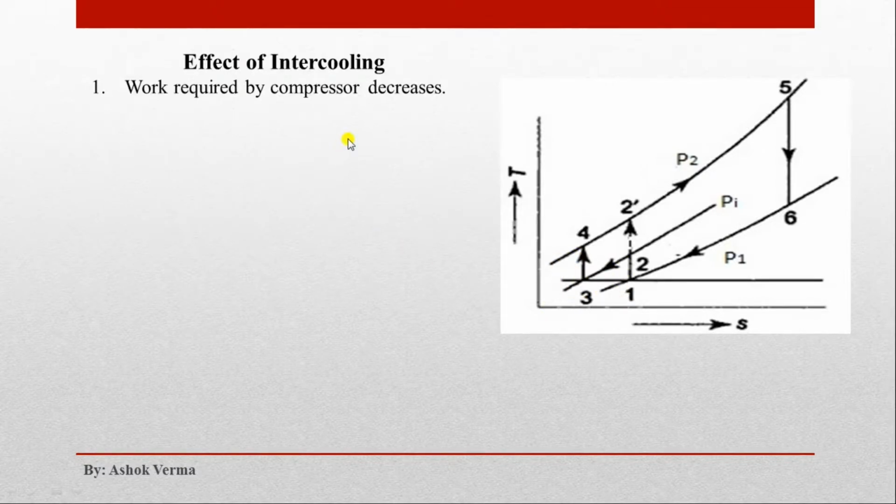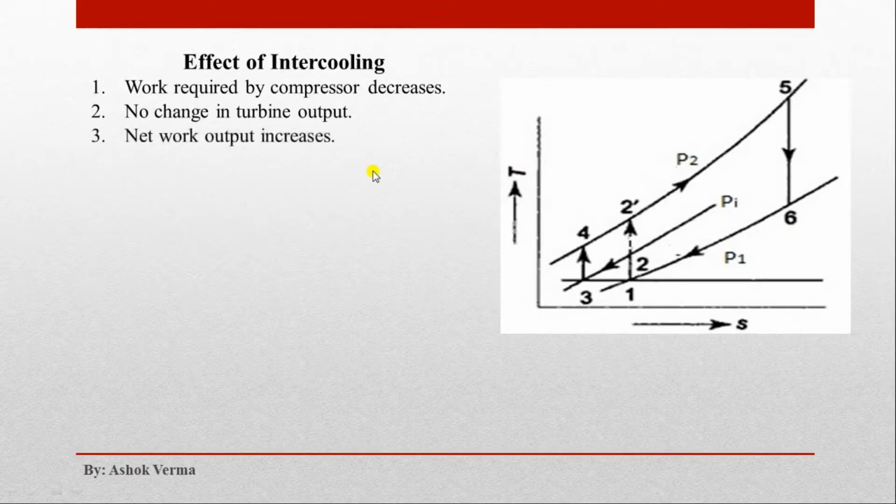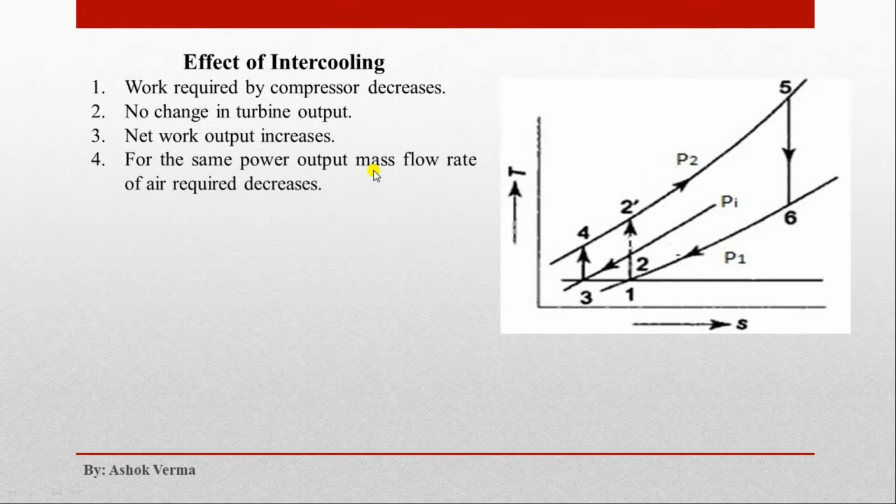So there is a decrease in the required compression work, and there is no change in the work output of the turbine. So the turbine work will remain unchanged, and net work will increase, because the net work is a function of Wt minus Wc. So the net work done will increase.